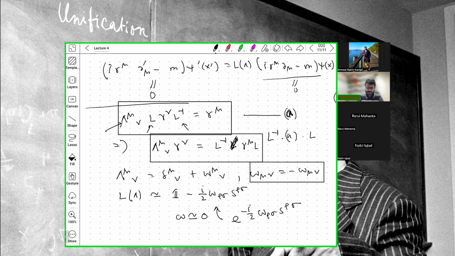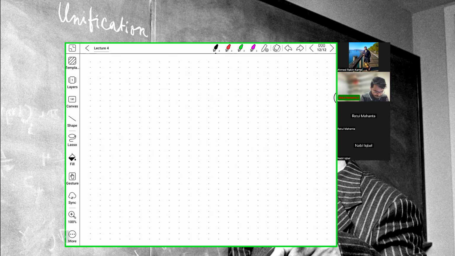And you can plug this in the relation and you can find this. These are arbitrary Lorentz transformation, arbitrarily small quantities.